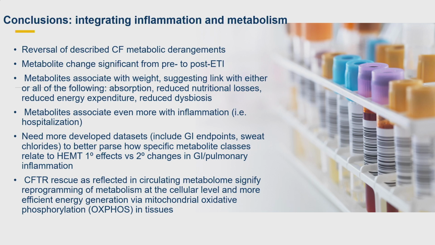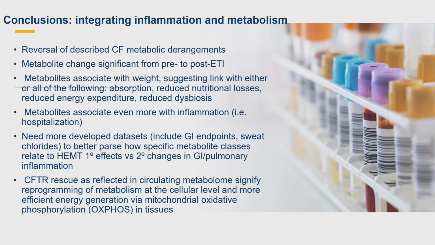Now, I didn't talk to you about the other side of the study that we did, which was related to transcriptomics and what's happening to immune cells after you treat with Trikafta. But what we think is that CFTR rescue, as reflected in the metabolome that's circulating and easy to reach, may be doing a very similar thing to what we see at the cellular level, and that is an improvement in energy generation in general.